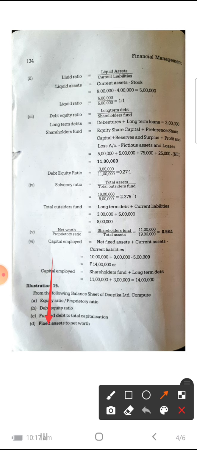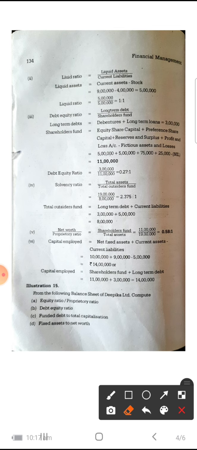Okay, now next is 15th problem. From the following balance sheet of Deepika Limited, compute the following. So you have a debt equity ratio, proprietary ratio, total capitalization, fixed assets to net worth ratio.